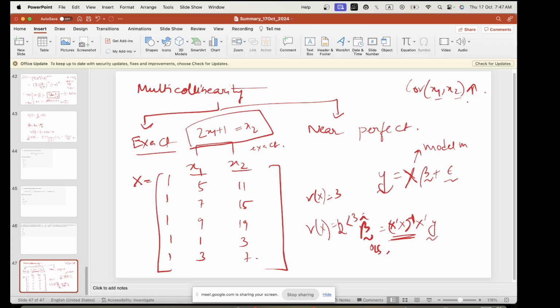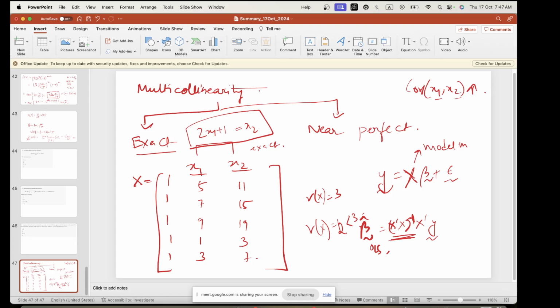If it is exactly 1, that is the exact case, but even something close to 0.9 means it's very high.